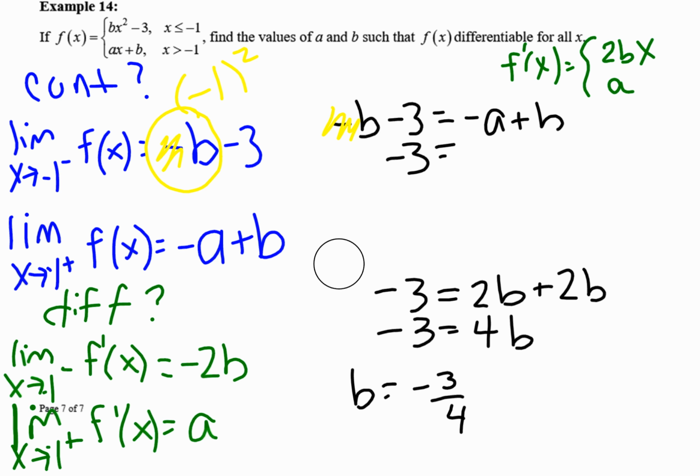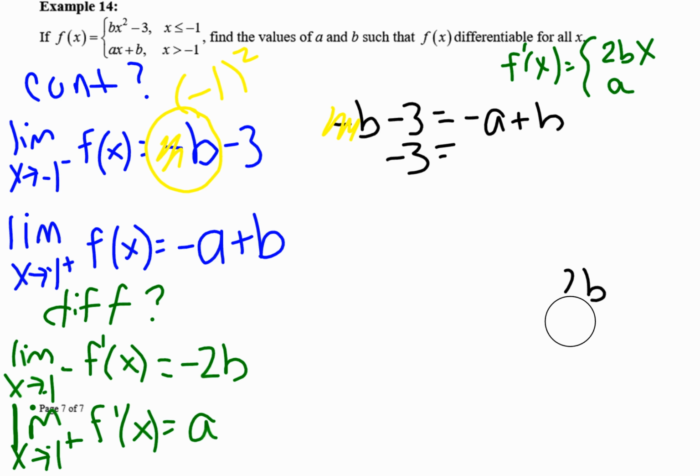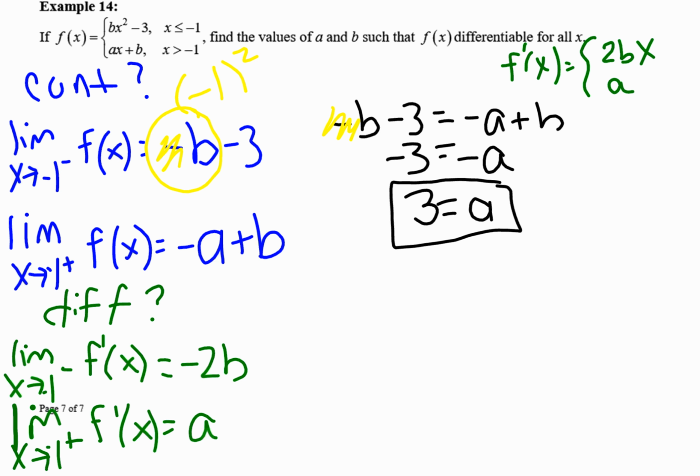That's okay, it's calculus. You have big erasers for a reason, right? Okay, back to that. So we have b minus 3 equals -a plus b. -3 equals, if I subtract b from both sides, oh, this just got a lot easier. A is 3. Now our other equation, -2b equals a.